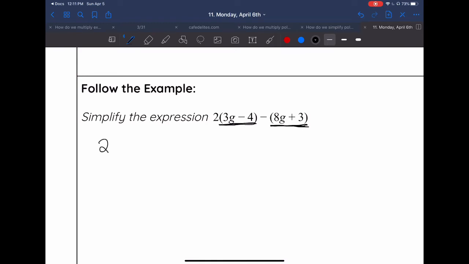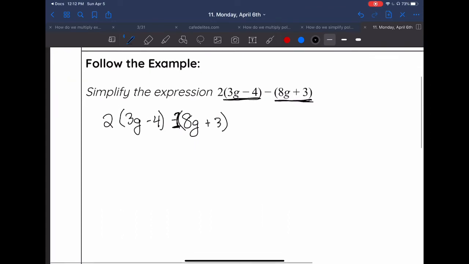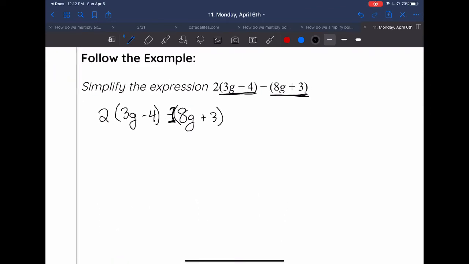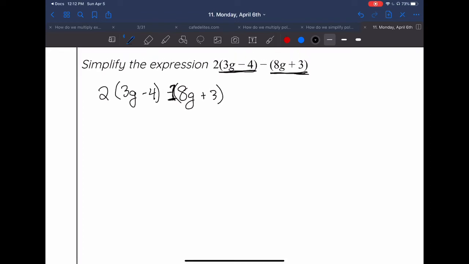I'm going to rewrite down here 2 times 3g minus 4 minus 8g plus 3. Now we know that this negative is actually a -1. We can write it like that. Or there's another option, but let's actually finish this first.